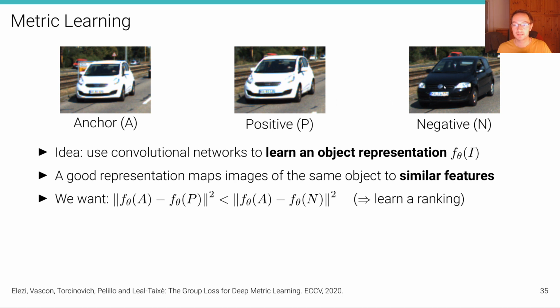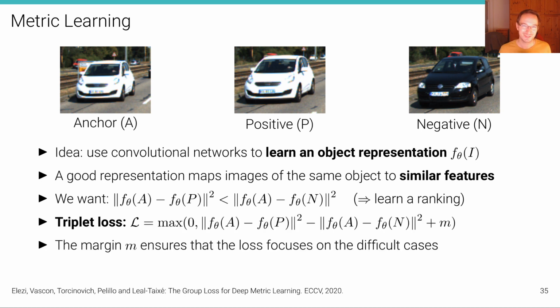And we have this negative because this is a different object. So what we want effectively is we want to learn a ranking where feature vectors of the same object, A and P, are closer together than feature vectors of different objects, in this case A and N. So we want this to be smaller than this.